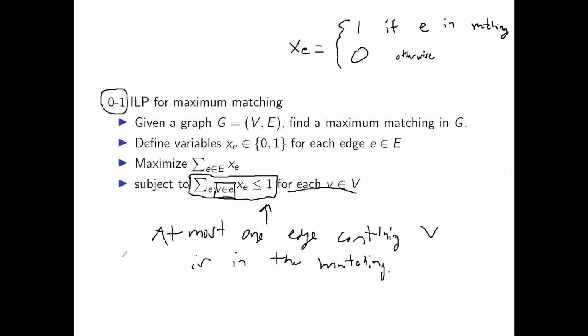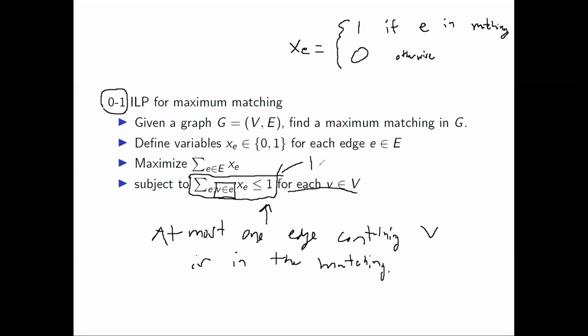And this makes sense with the definition of matching because a matching cannot have any two edges with a common vertex. So for every vertex in our graph, we must require that at most one edge containing that vertex can be in our matching. And we require this for every single vertex in the graph. So each vertex in the graph gives us a single inequality.